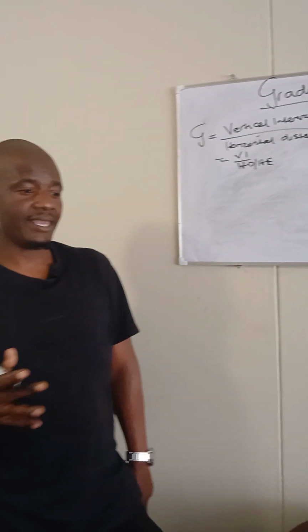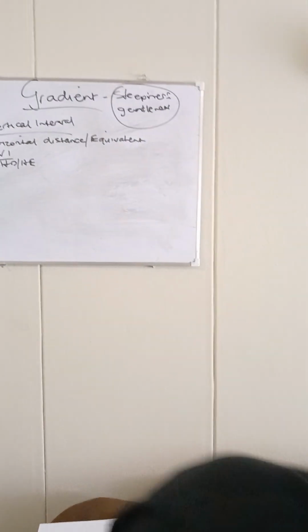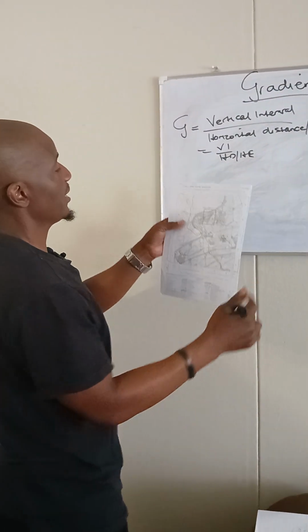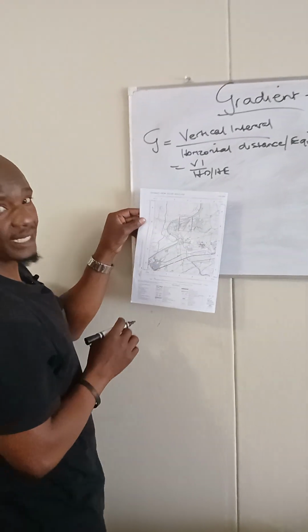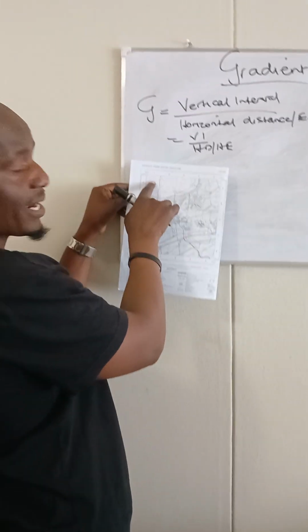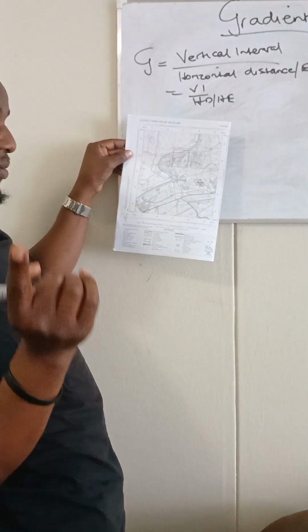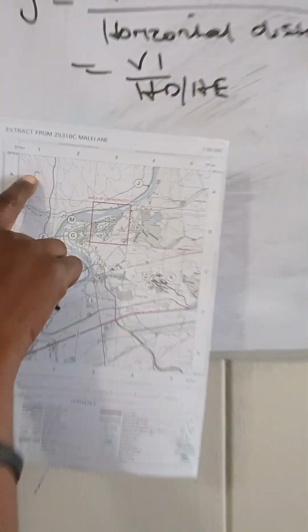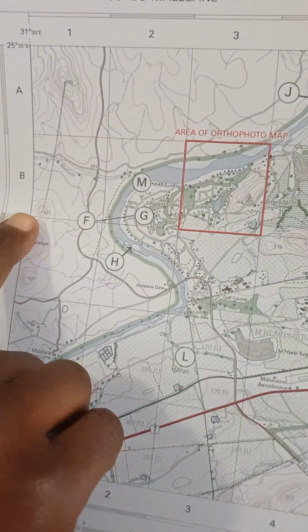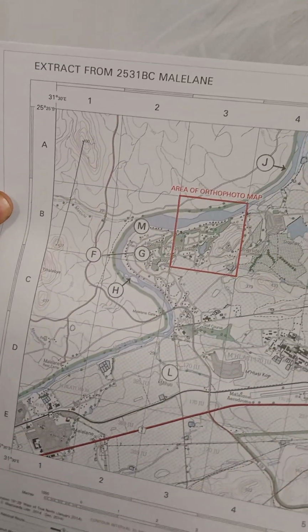So what did we get from our map? From our map, remember, we had 2 spot heights. We're calculating the gradient between 2 spot heights. That is your 490 in A1, then you've got your 437 in B1. So we have got 2 heights that are given there.